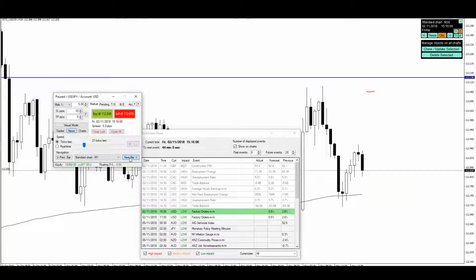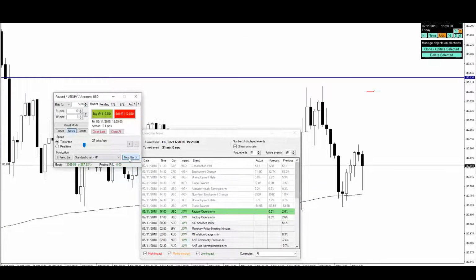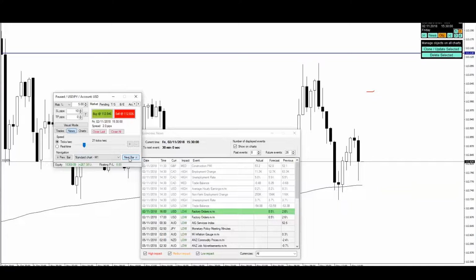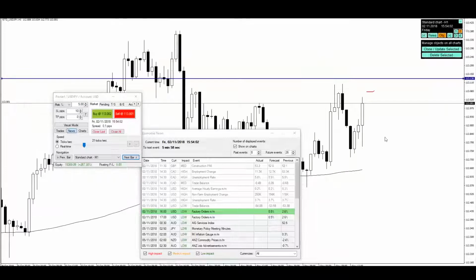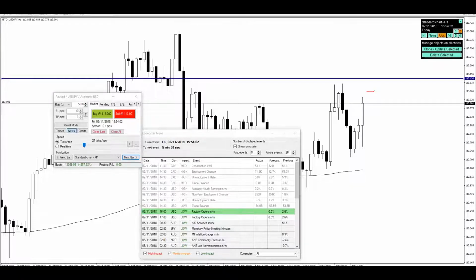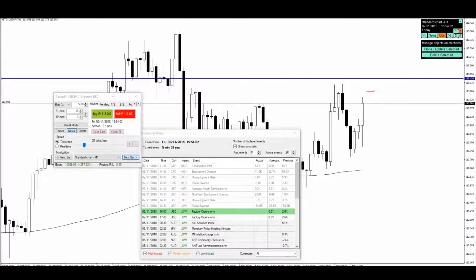Let's see here. Okay, yeah. So the price came up. It's probably going to bounce from this area here, because that's a liquidity area. Okay, yeah, makes sense. So October, November 2018, missed NFP.